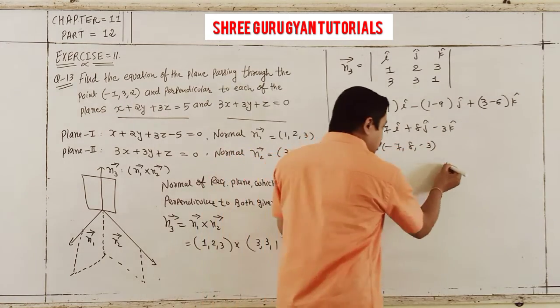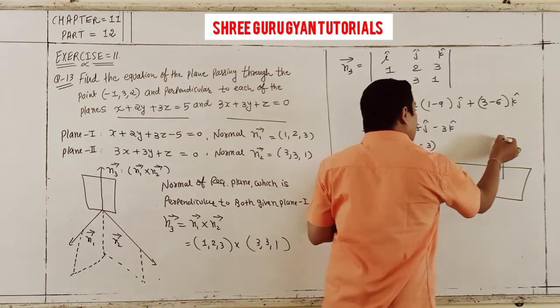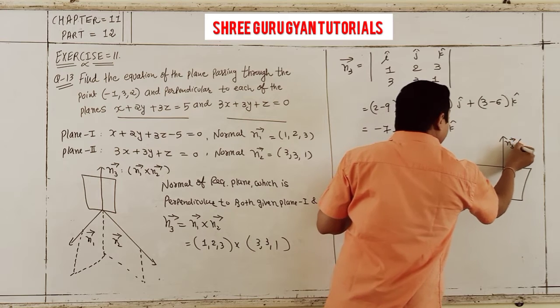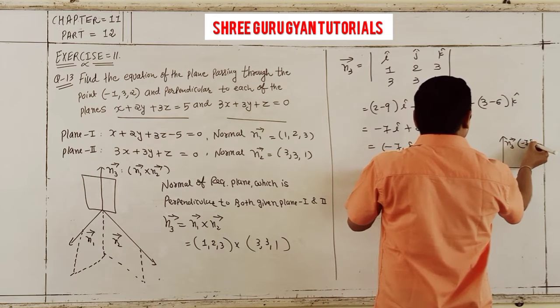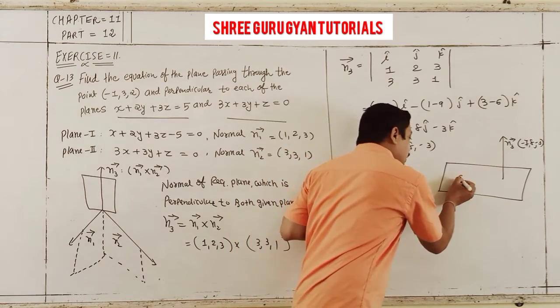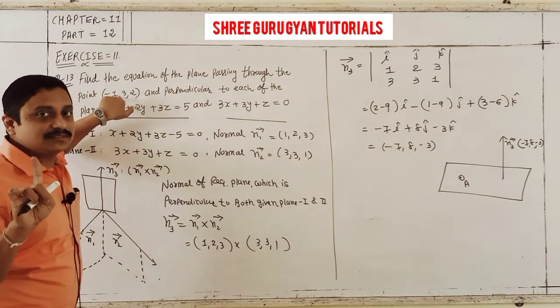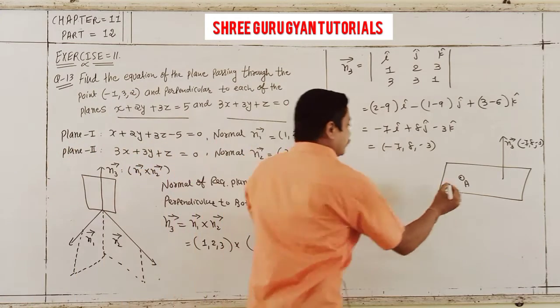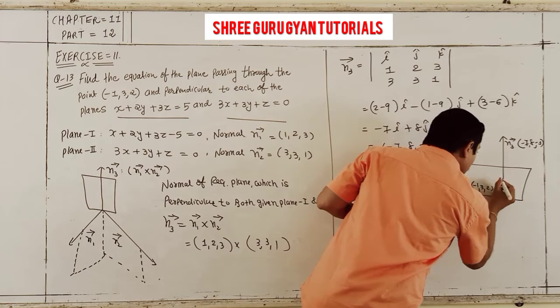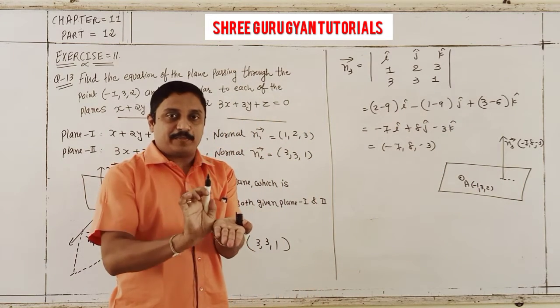So, students, your third plane has the normal n3, which we know is minus 7, 8, minus 3, and read properly, it passes through the point (-1, 3, 2). This normal is perpendicular to that plane. This is the plane, and that is the normal perpendicular to it.